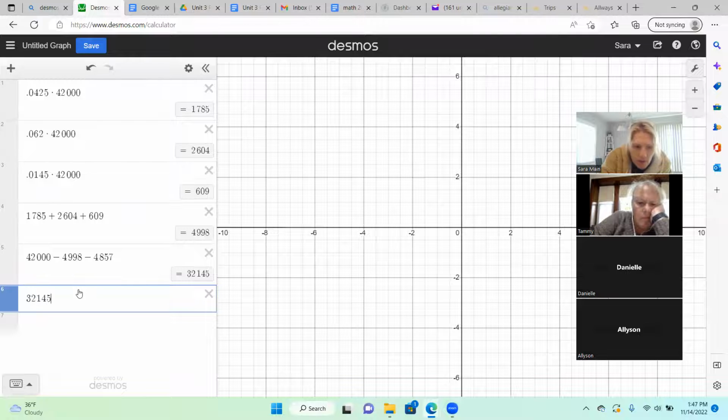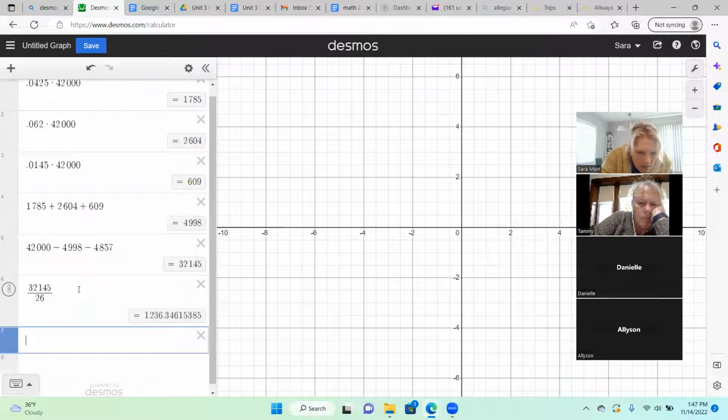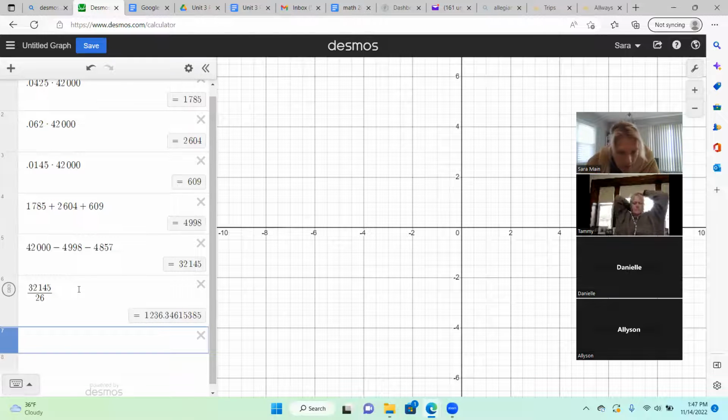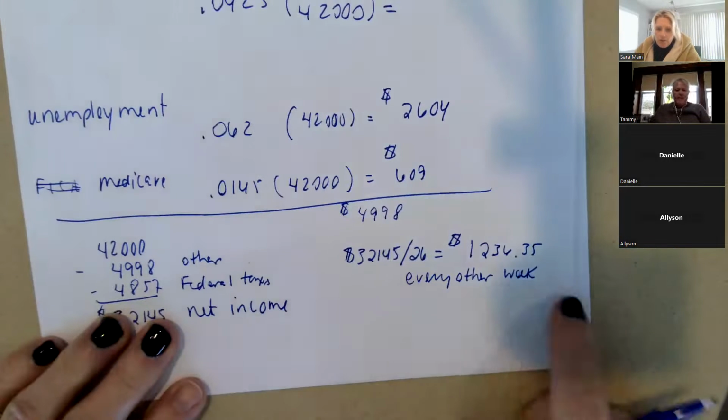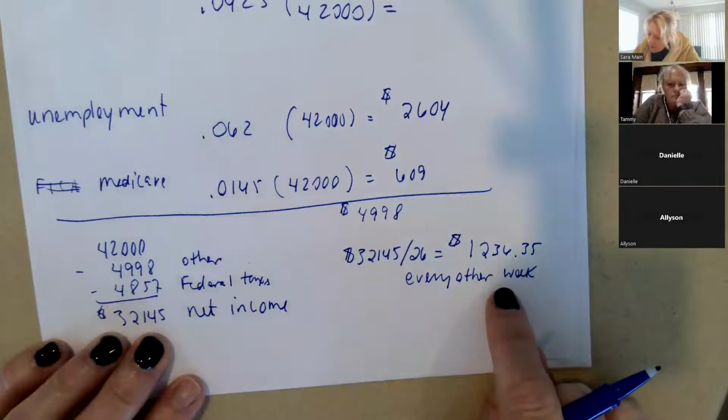So 32,145 divided by 26 means that she gets paid 1,236.35 every other week.